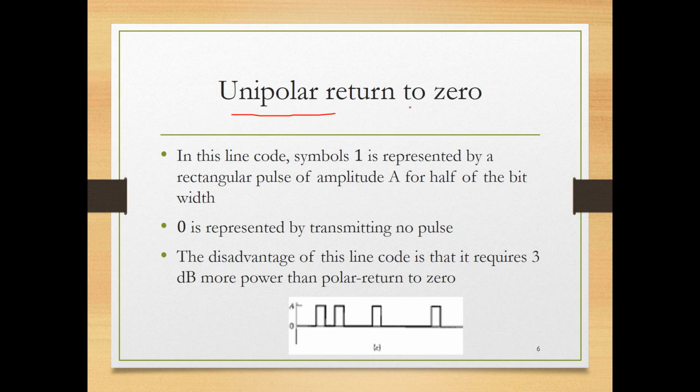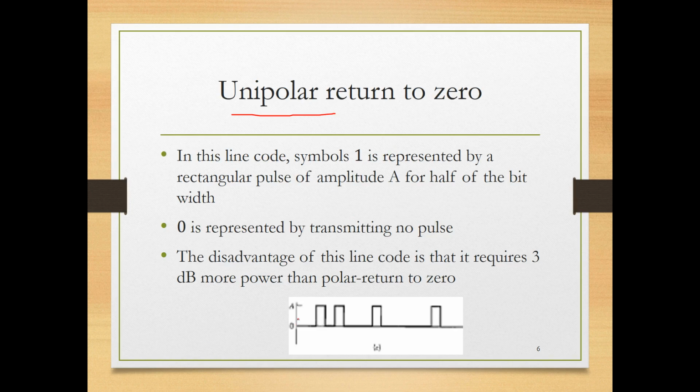Now this is unipolar return to 0. What does this mean? Unipolar, the signal is always above 0, is positive. And return to 0 means when you represent 1, the 1 maps to a pulse where part of it goes to 0.